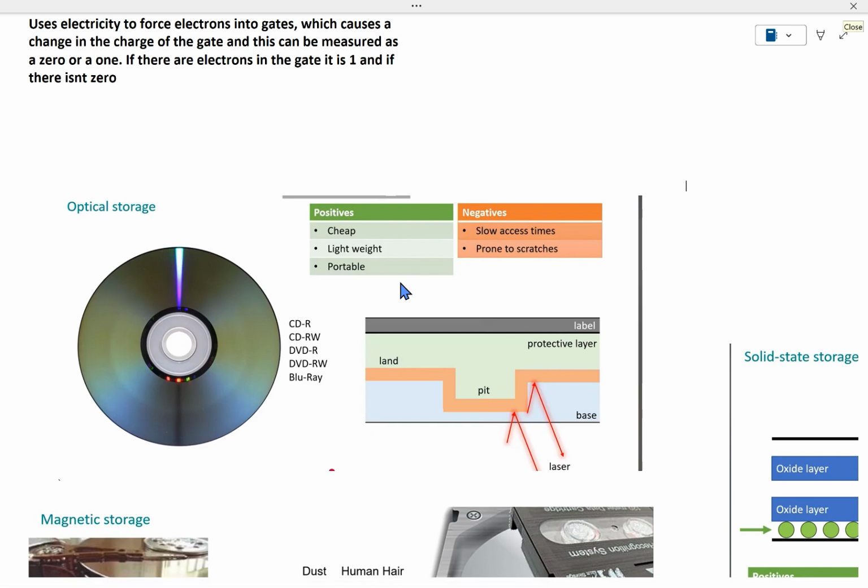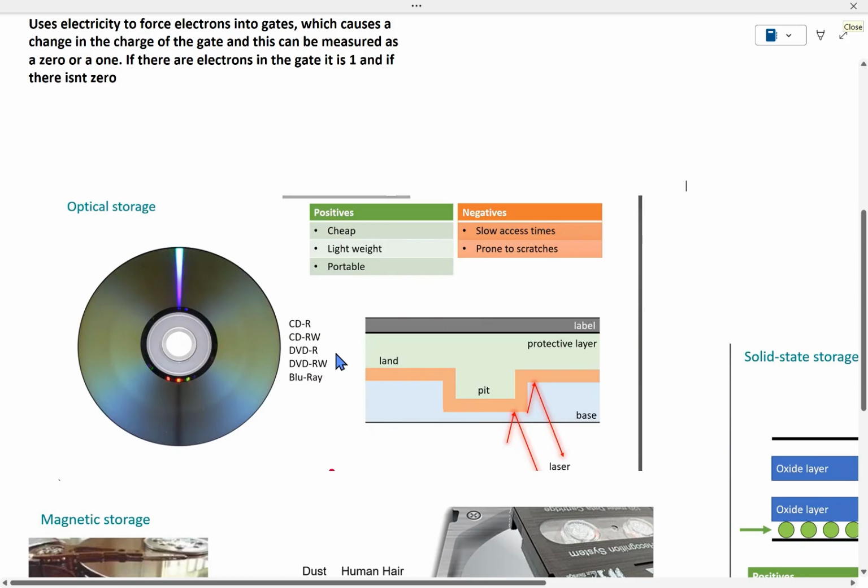However, it has the lowest speed of access. It's quite durable, but it can be very prone to scratches. As you can see, these are very small microscopic pits and lands, and scratching the disk can mess up how the laser reads it.